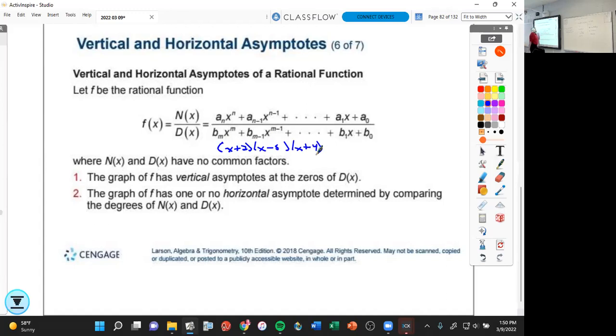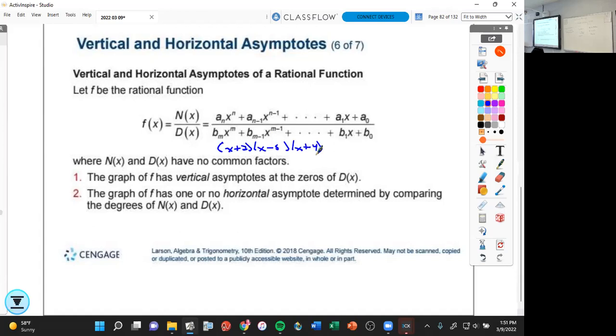How many vertical asymptotes do I have so far? That's 3 vertical asymptotes. Okay. So let me ask this again. How many vertical asymptotes can a rational function have? It could have 0. We saw one a while ago. Could it have 1, 2, 3? Is there a limit?